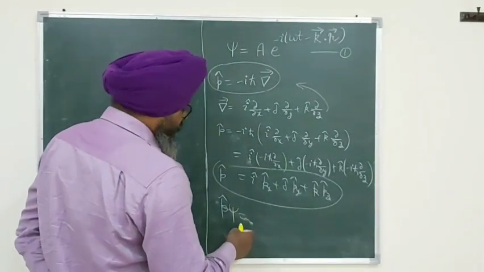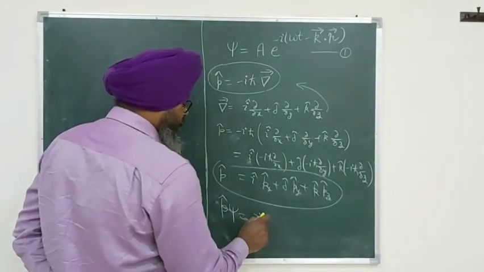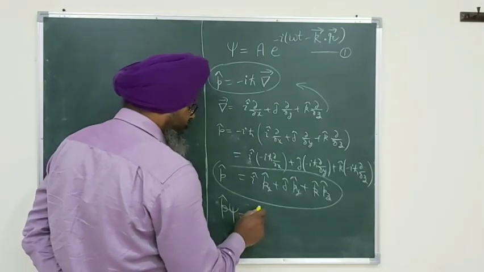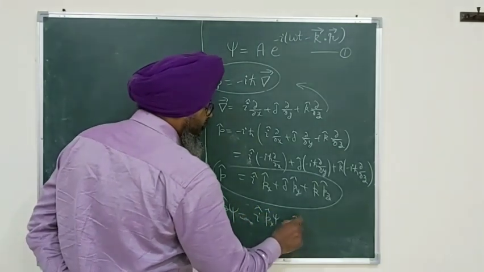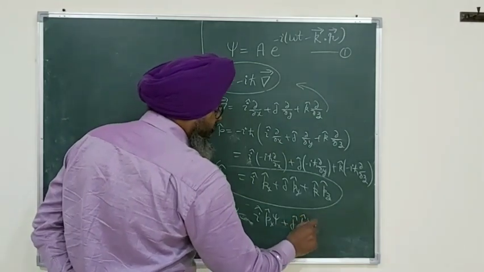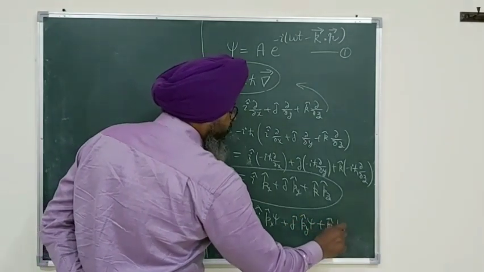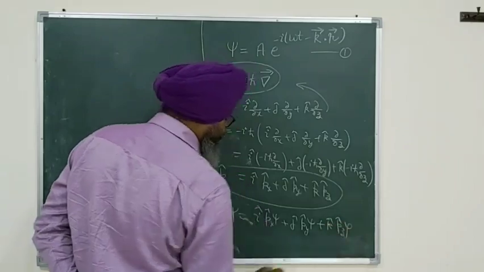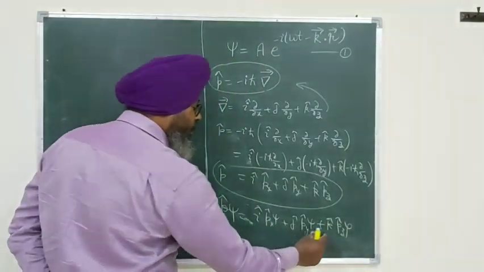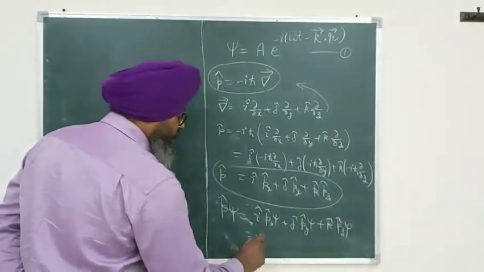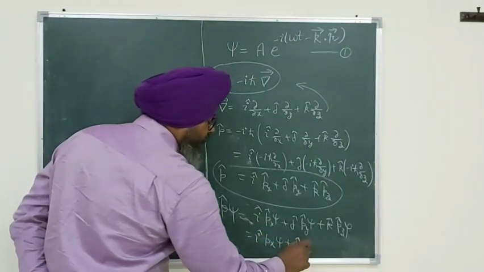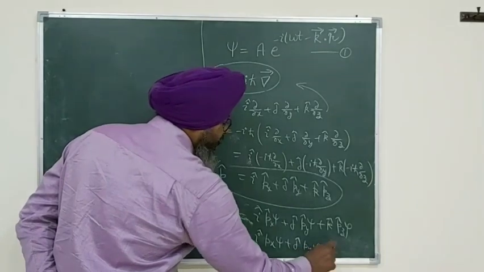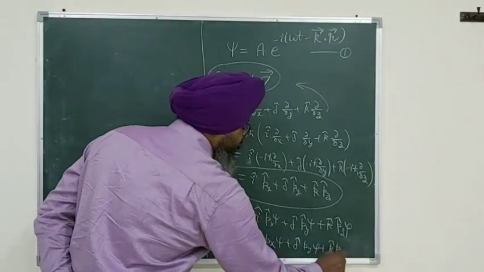So this will be equal to, sorry, it's not iota, it is i cap px cap psi plus j cap py cap psi plus k cap pz cap psi. So we have already solved these three equations. It will be i cap px psi plus j cap py psi plus k cap pz psi.